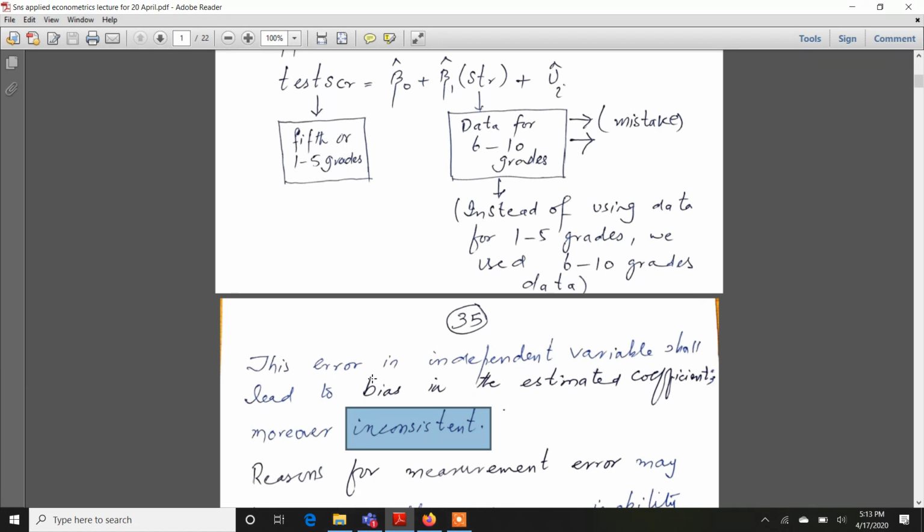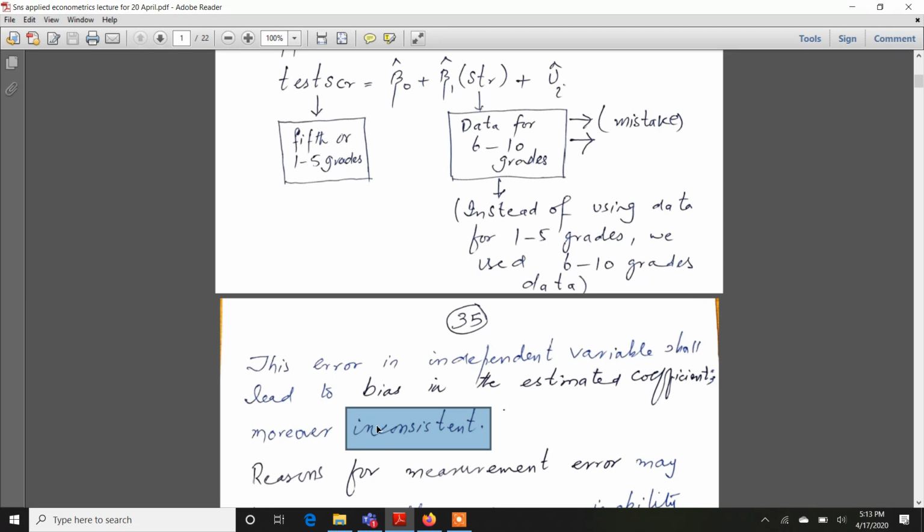So when there is error in the independent variable, it leads to a biased estimate as well as an inconsistent one. Just in case you don't remember, inconsistent simply means that even in large samples, the sample results are not converging to population results.